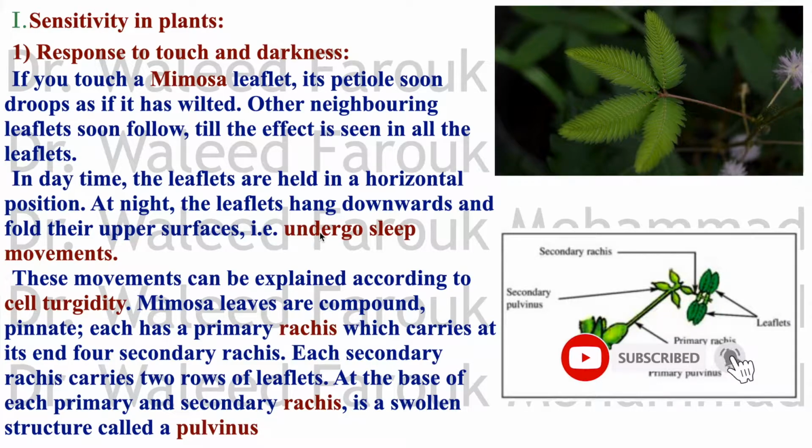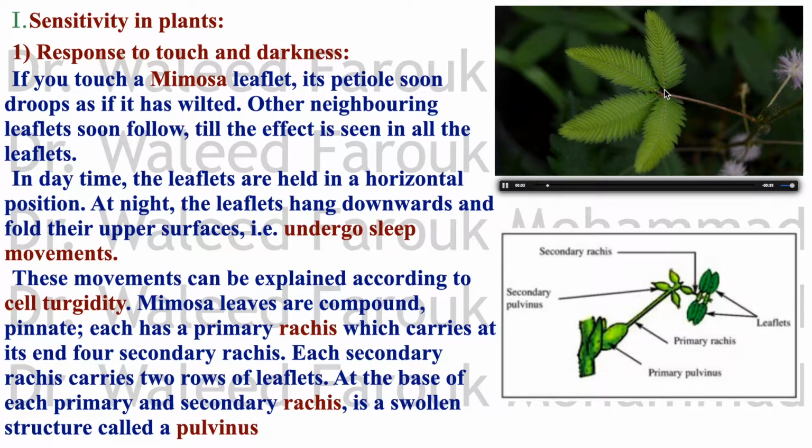One of the most prominent sensitivity reactions is the response to touch and darkness. If you study, for example, the mimosa leaflet, this is the mimosa leaflet. See, if you touch it, the leaflets drop down.